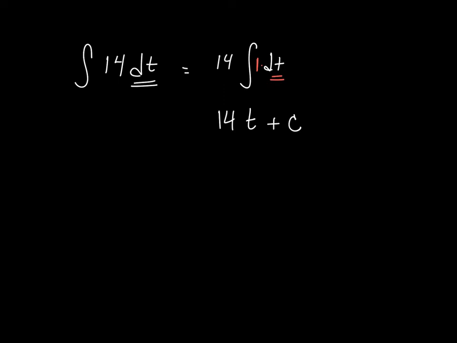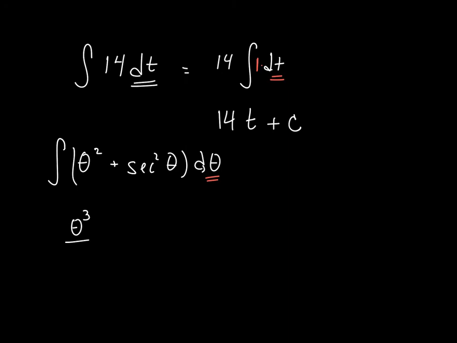And this is really important when we change our variables around. So when I have theta squared plus secant squared d theta, we're integrating again over theta. When I integrate that, this becomes theta to the third power over 3 plus, now let's talk about the derivative of the tangent trig function for a second.